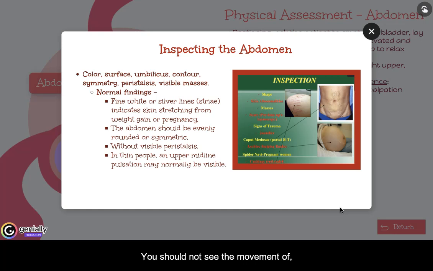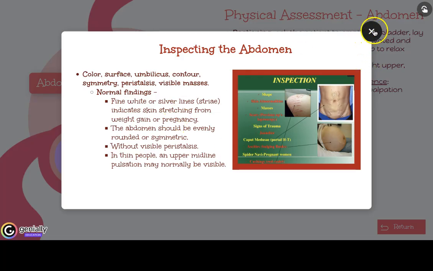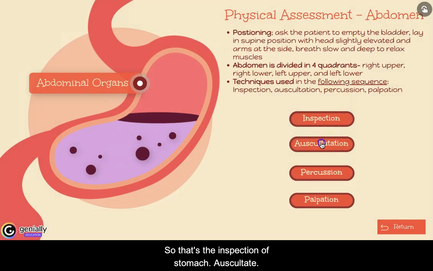You should not see the movement of food in their intestines. In thin people, an upper midline pulsation may be normal. So this over here is not normal. This is not normal. That is not normal. So anything abnormal like that, document right away. So that's the inspection of the stomach.